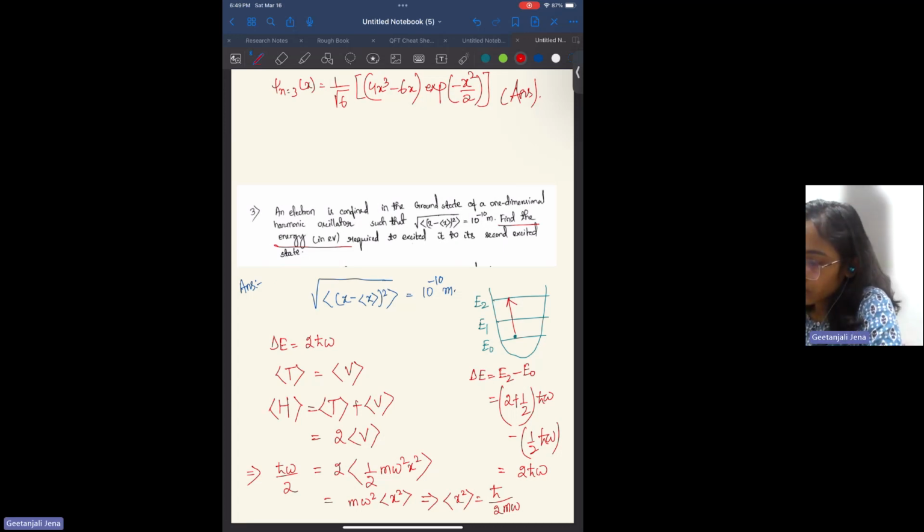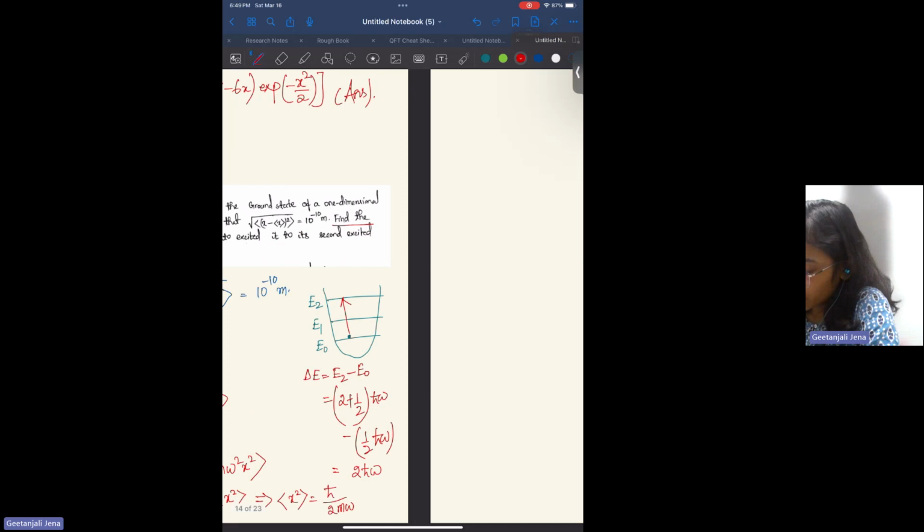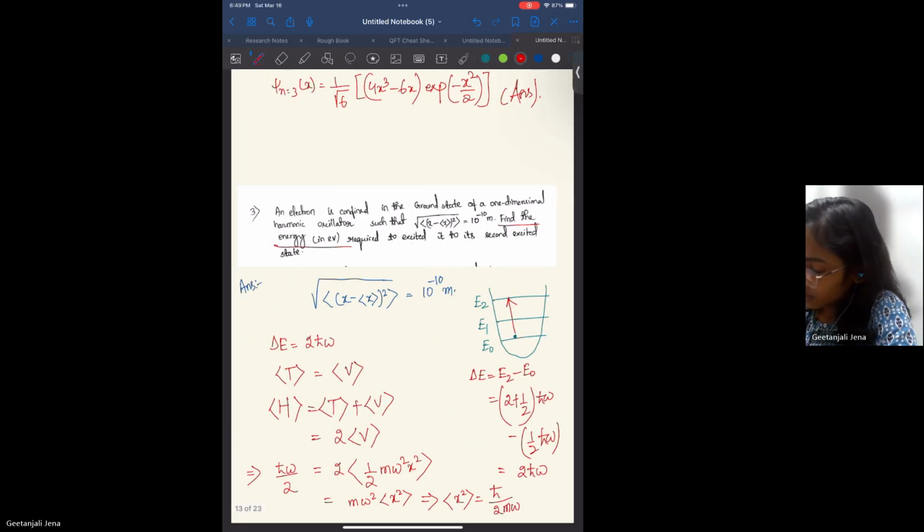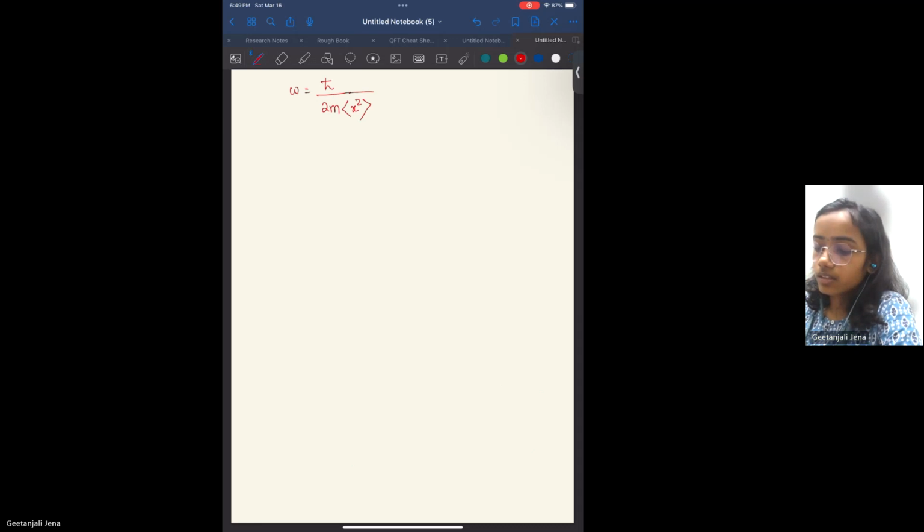Now, if you want to calculate the value of omega, then omega will be nothing but h bar by 2 m times the x square expectation. By using this expression you can calculate the value of omega.